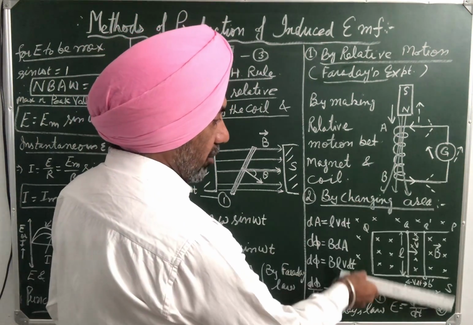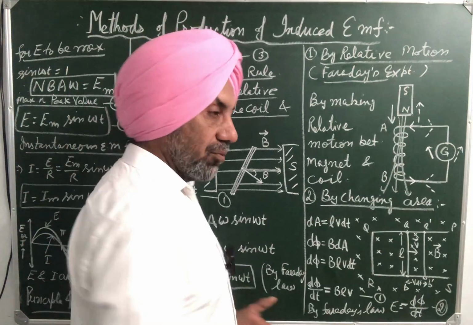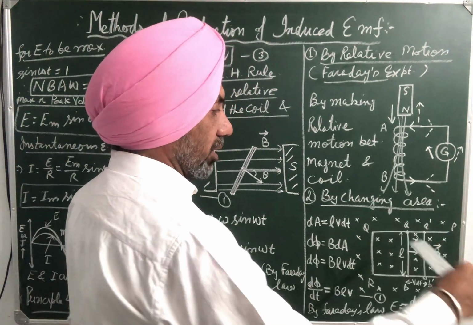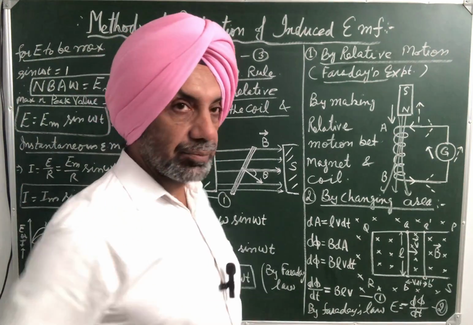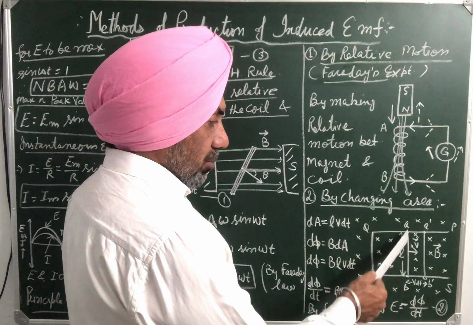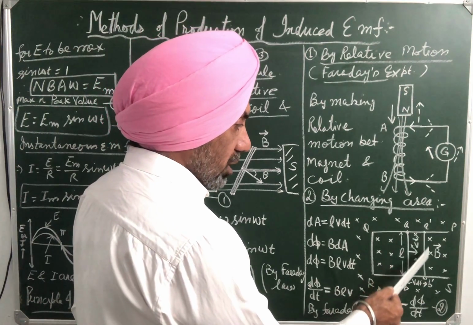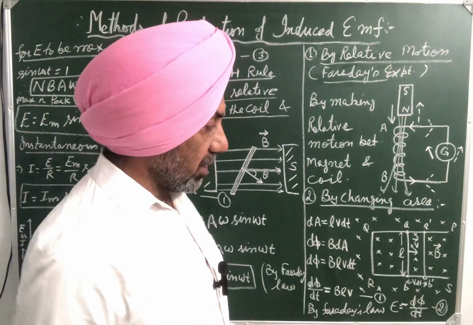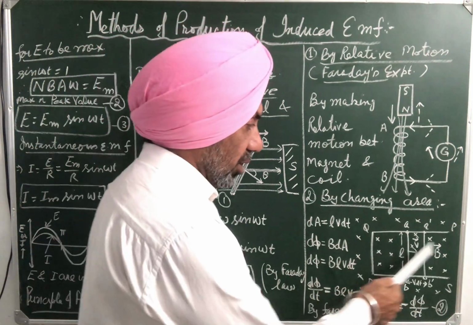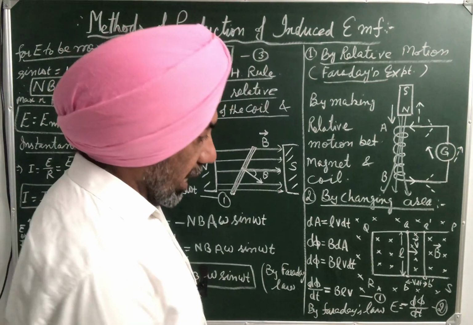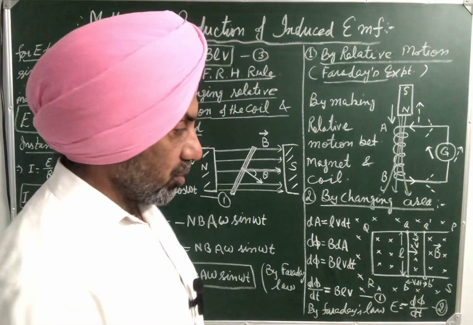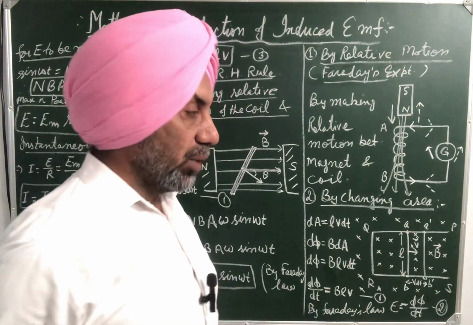The plane of the frame lies within the plane of the board and the magnetic field is directed inward, normal to the plane of the board. Now the movable arm AB is moved towards right, from position AB to position A'B', with velocity v, and the distance moved during time dt will be v dt.